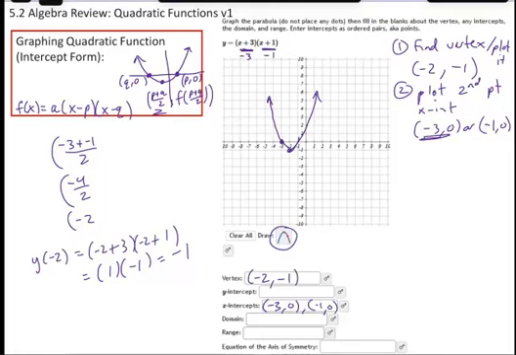Okay, I do need to find my y-intercept. Now, if I were to sketch this correctly, I would have seen my y-intercept more carefully. Let me kind of sketch what this would look like a little bit more carefully. It would look like this, and so I would be able to see where my y-intercept was, and so I could answer it 0, 3.